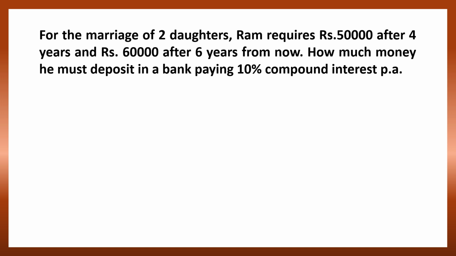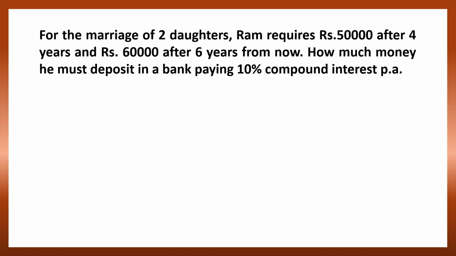That is, Ram requires 50,000 after 4 years and 60,000 after 6 years from now. So, what amount invested now will bring him 50,000 after 4 years and 60,000 after 6 years? That is the question.